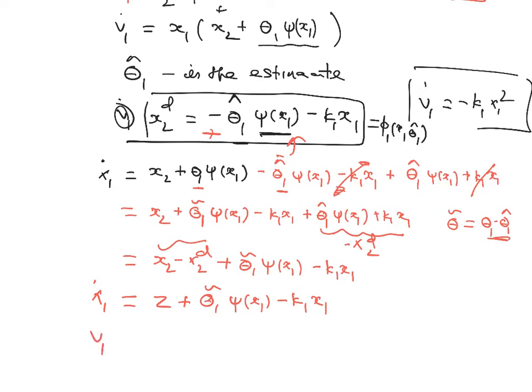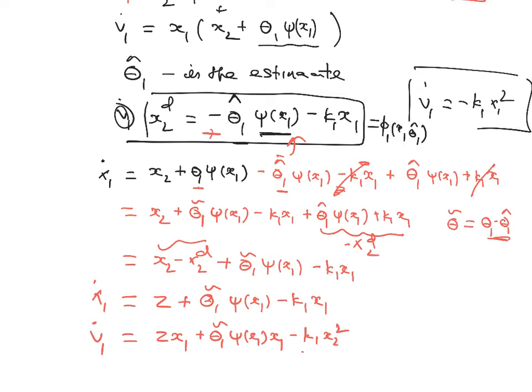So V1 dot will be x1 dot, right? So x1 dot will be z x1 plus theta 1 bar phi x1 minus k1 x1 squared. Okay, so that's the V1 dot.